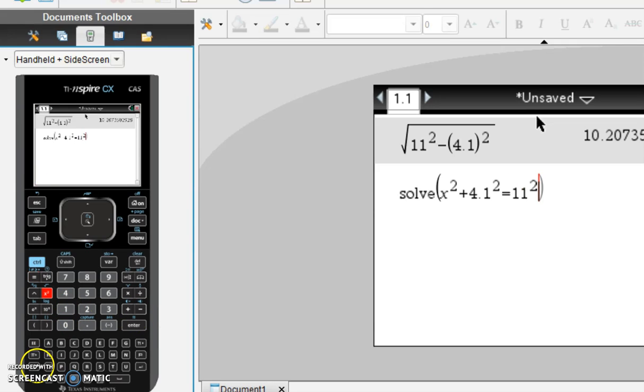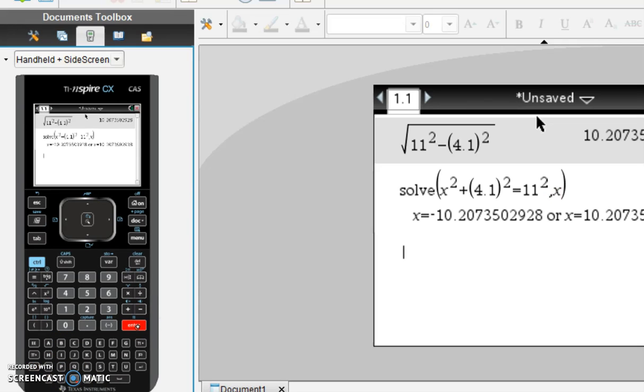And I'm solving for x. You need to go comma x. And you get 10.2 again.